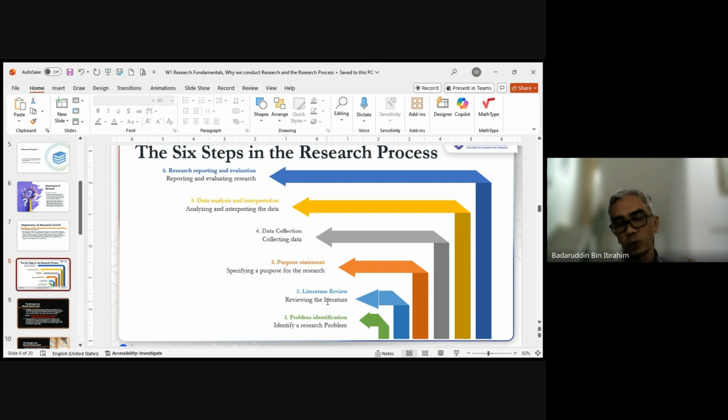Analyzing data is one thing, but the most important thing is to interpret the data. Some students can master data analysis, but the most important thing is not about analyzing. I'm not saying that data analysis is not important. Yes, it's very important.